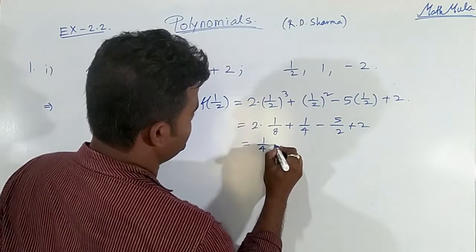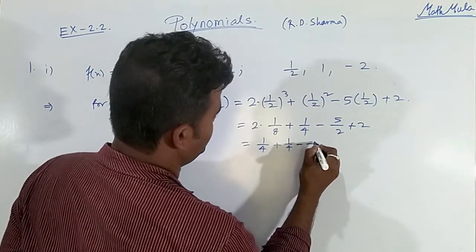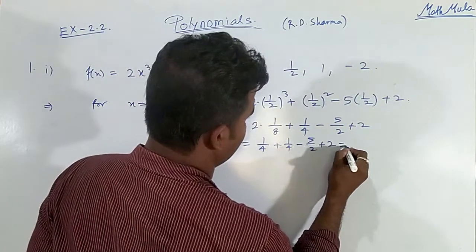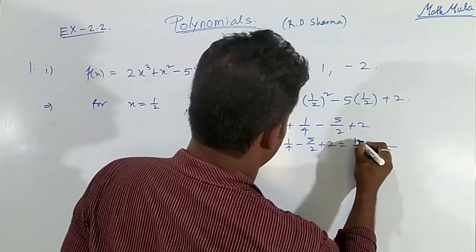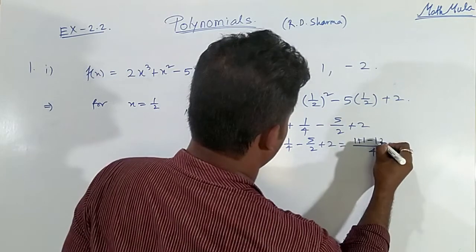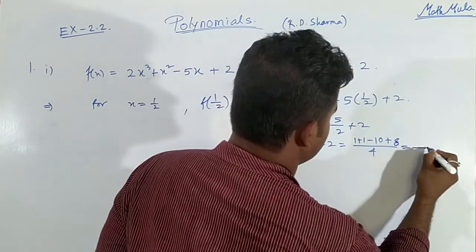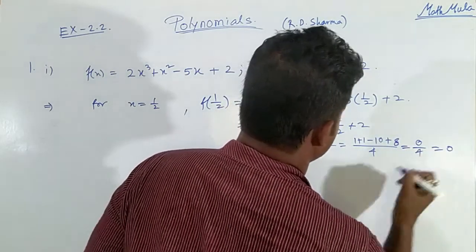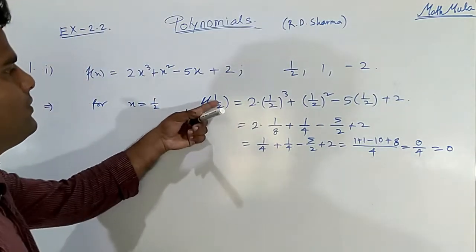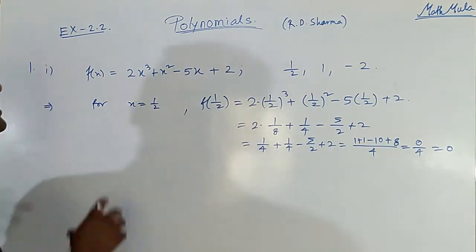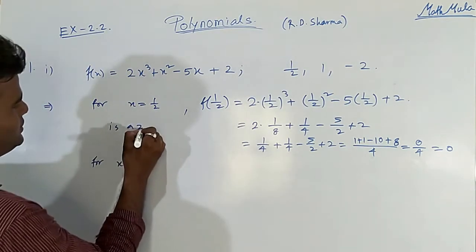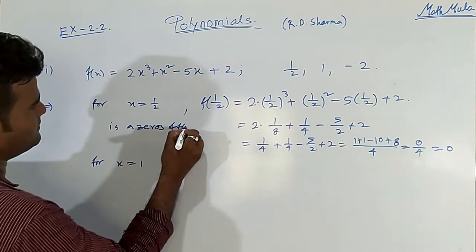If we cancel, this is 1/4 + 1/4 − 5/2 + 2. Now taking the LCM 4, this is (1 + 1 − 10 + 8)/4 = 0/4 = 0. Now f(1/2) = 0. That means 1/2 is a zero of this polynomial, a zero of f(x).